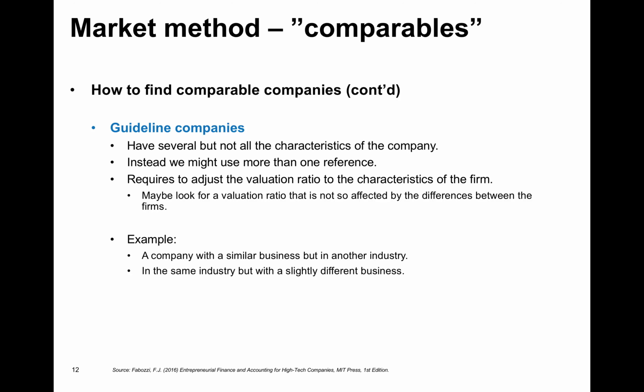So we need to find whether it's something similar to Roche, or actually more like Merck, or more like AstraZeneca, depending on whether someone has a business also in vaccines, while another is more focused on oncological care or applications. So we need to adjust that valuation ratio a bit, taking into account the weights of the business that they are exposed to.